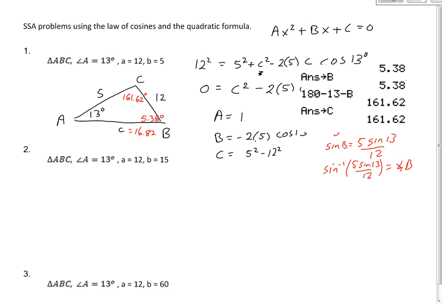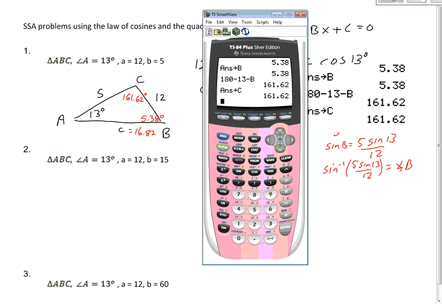Let's see if this all checks out in another way, though. I've got these stored values. I should be able to do sine of C divided by, oh dear, that side is actually, I didn't tell you this, stored in X from the quadratic formula.